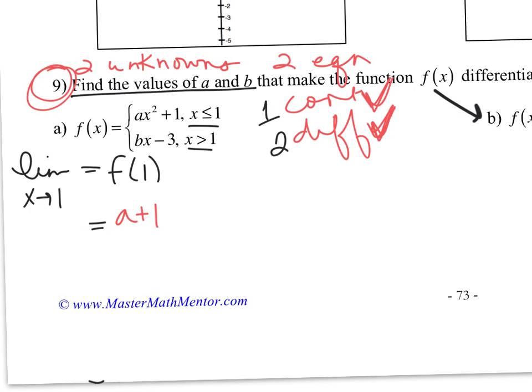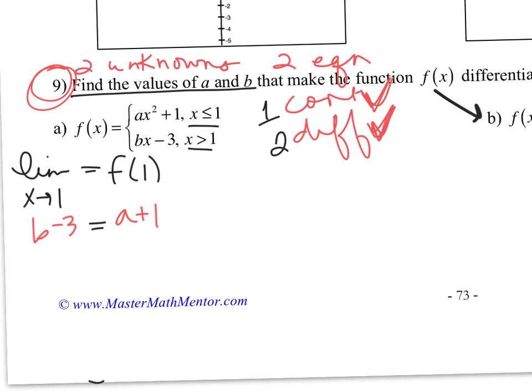The limit as x approaches 1 from the left gives a plus 1, and from the right gives b minus 3. These have to be the same, so now we have one equation: b minus 3 equals a plus 1.